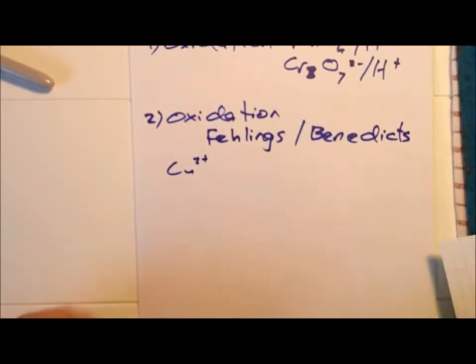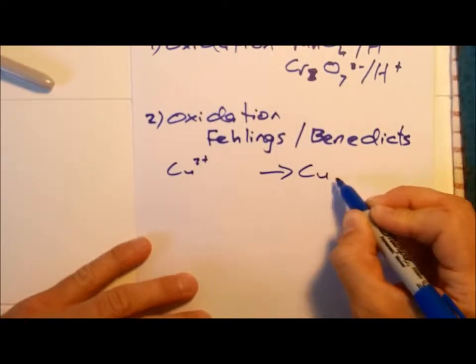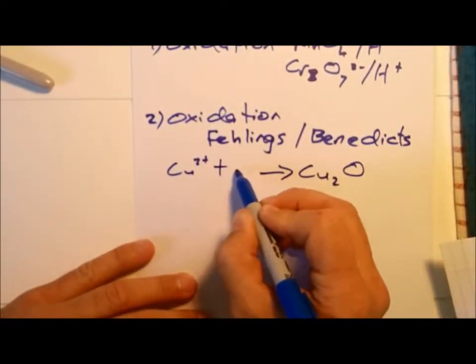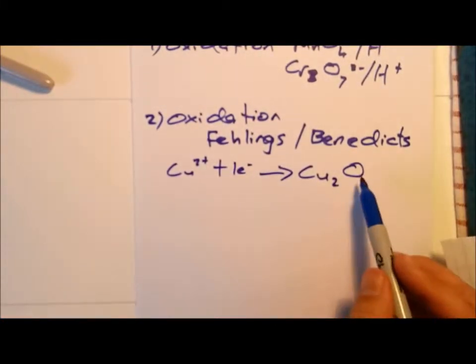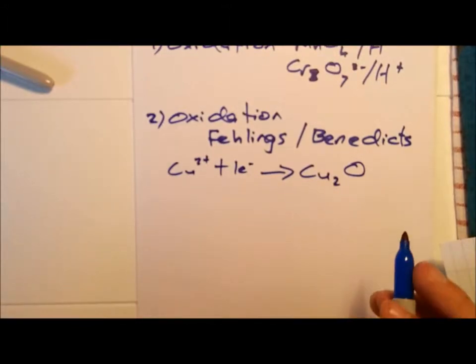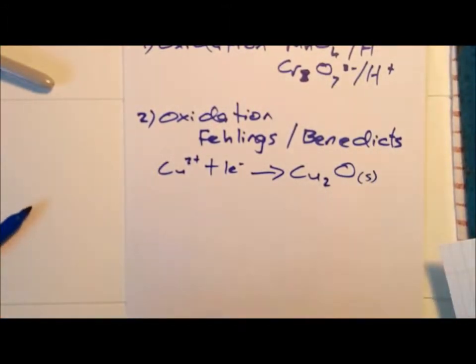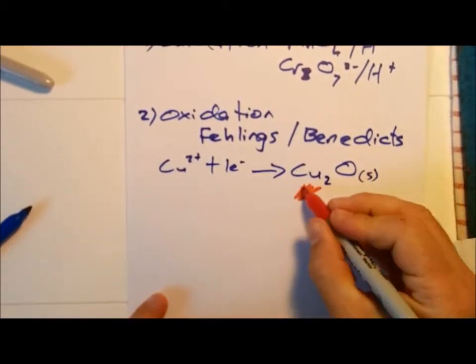The alcohol gets oxidized, and the copper gets reduced to copper 1 oxide. I'm not going to worry about balancing that properly, but you end up seeing it as an orangey brick red color.